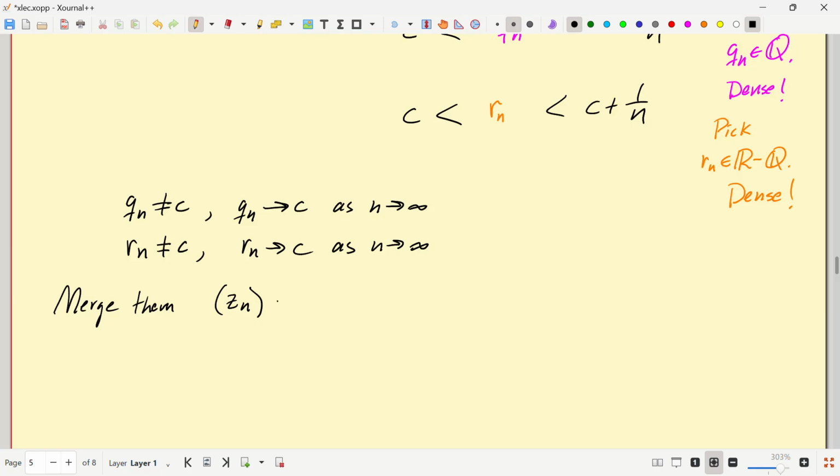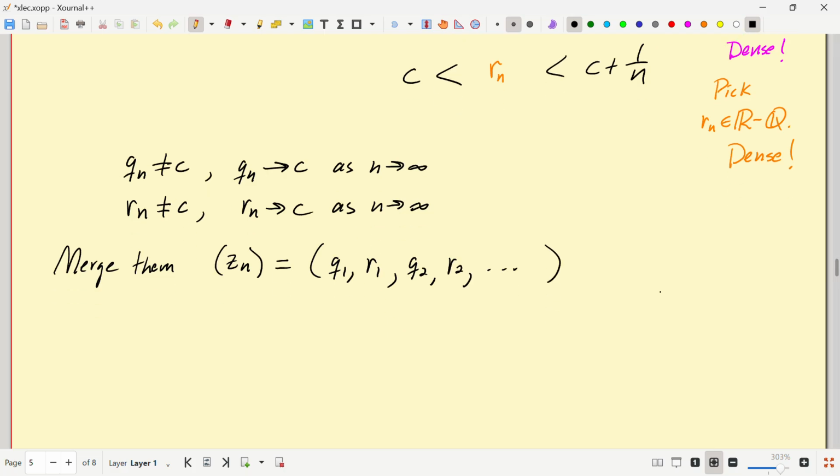So I would merge them: q1, r1, q2, r2, etc. I get a sequence where the value is 0, 1, 0, 1, 0, 1. We see the limit does not exist.